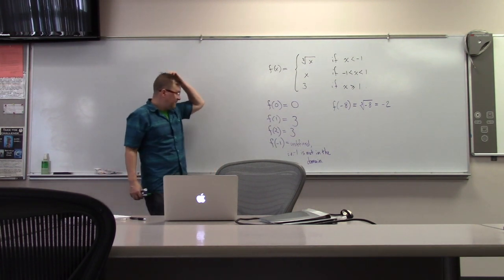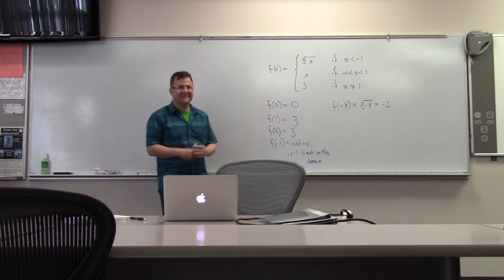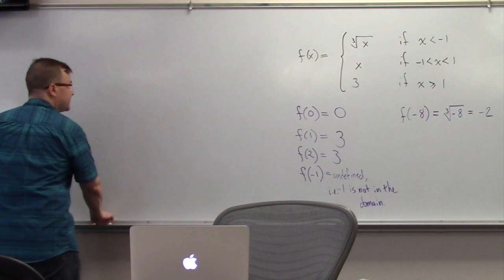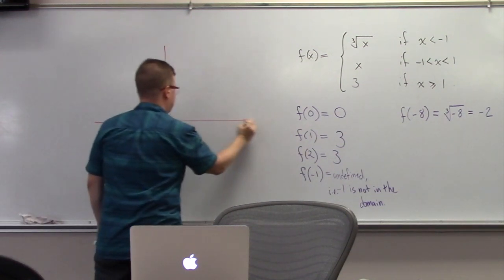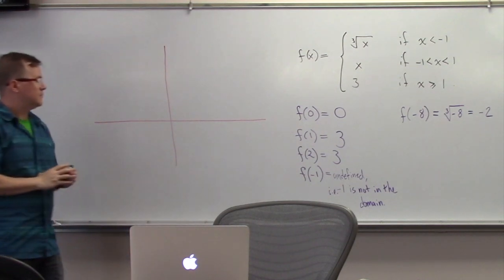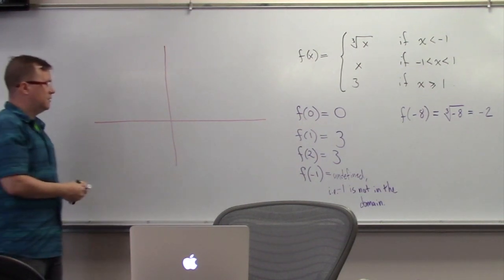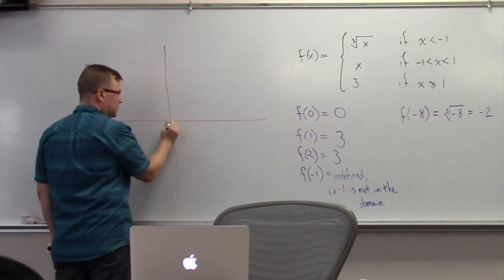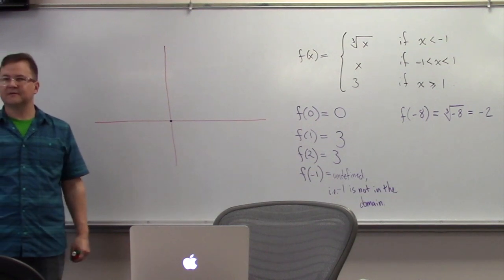But we have already 4 points at least that I can put on the graph. You can see already that f of 0 is 0. That is to say, when x equals 0, y equals 0.